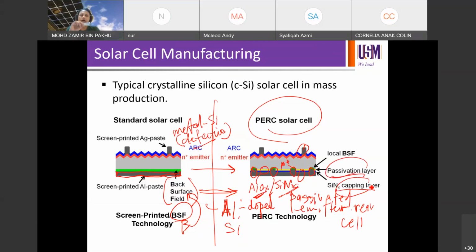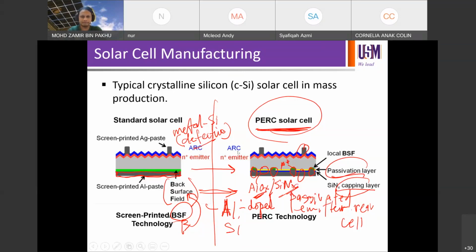So a big fraction of the rear surface is passivated so that we minimize recombination, and only a specific area of the rear surface is contacted with the metal in order for us to extract the carriers through the contact areas. So the moment you reduce the contact area between metal and silicon interface, we manage to reduce rear surface recombination. That is the essence of this PERC cell technology.